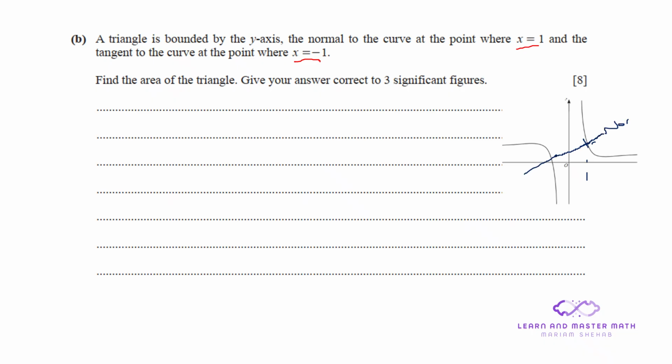And at x equal negative 1, somewhere approximately here, there's a tangent like this. Which results in my triangle here. The triangle they are talking about is this one.